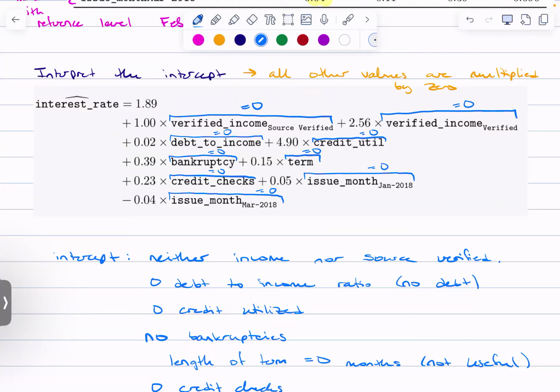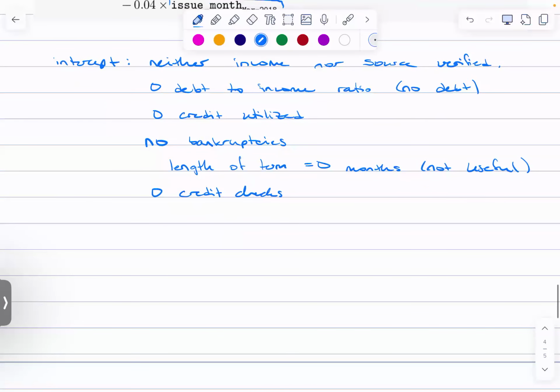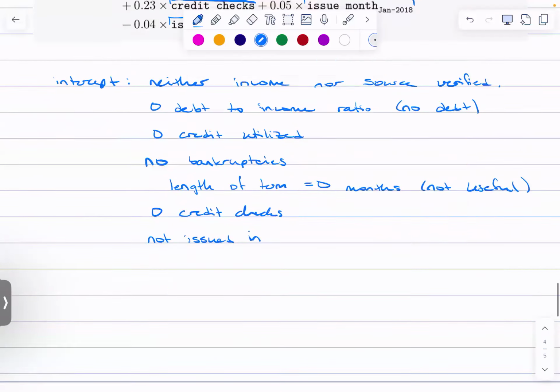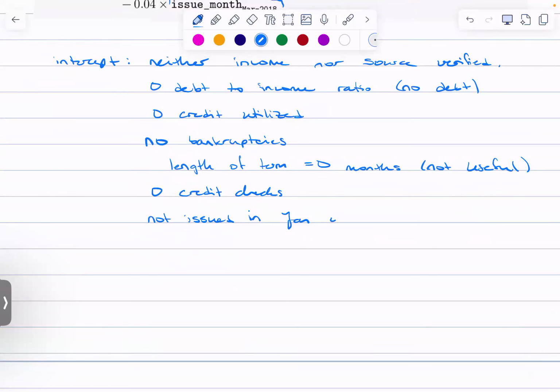Which means the leftover one is February. Right? And so not issued in January or March. I don't know why I spelled out March and not January, but whatever. Therefore, issued in February.